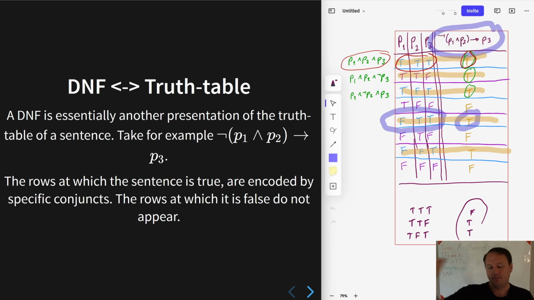And the fact that we disjoin that means, okay, that's one row at which it could be true, but we say, or maybe we're at this row, in which case P1 is true, P2 is true, and P3 is false, because that then means that this negated atomic evaluates to true, and then the whole sentence will evaluate to true.